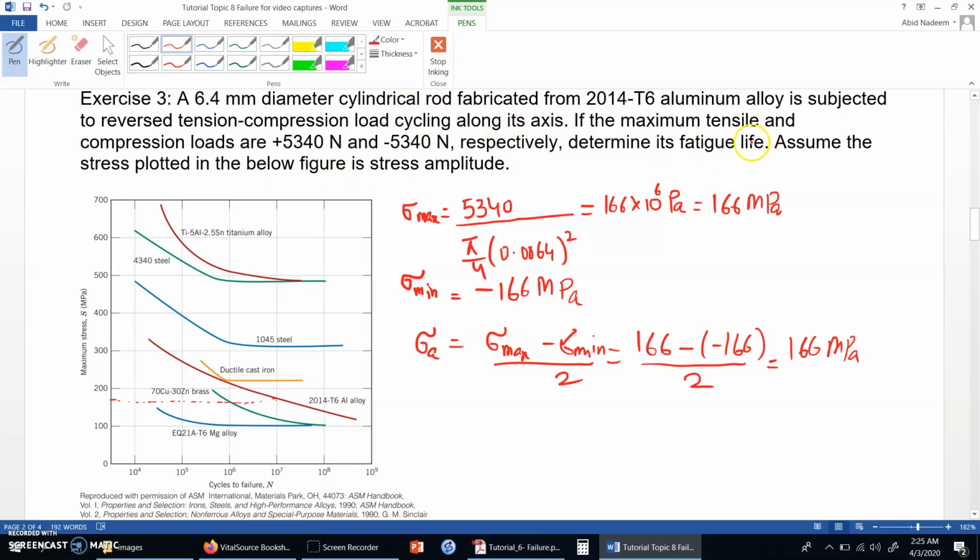So as you can see, the fatigue life is approximately 10 to the power 7.